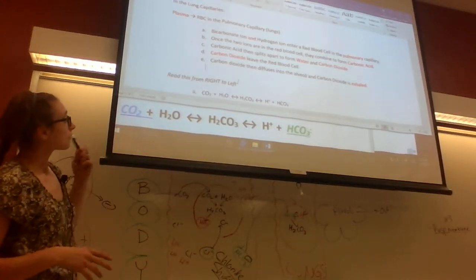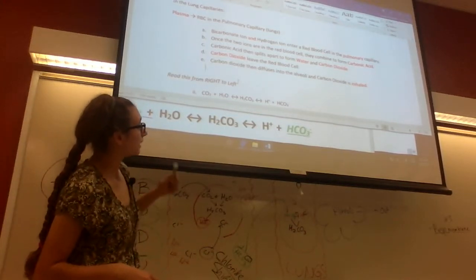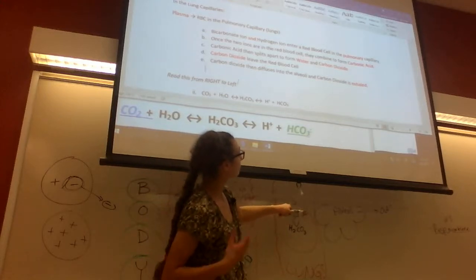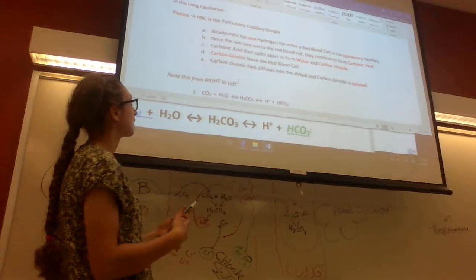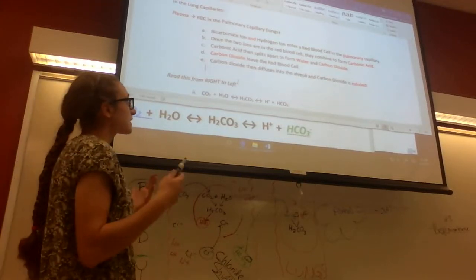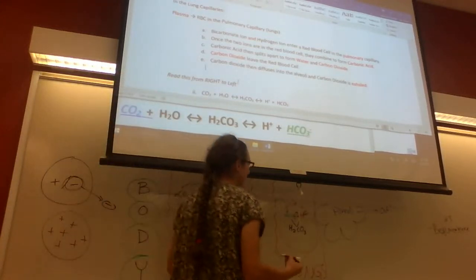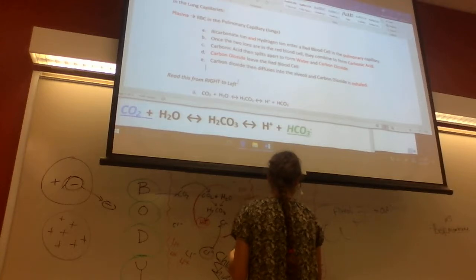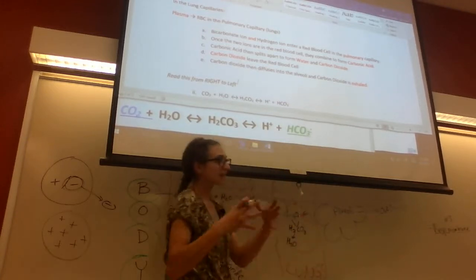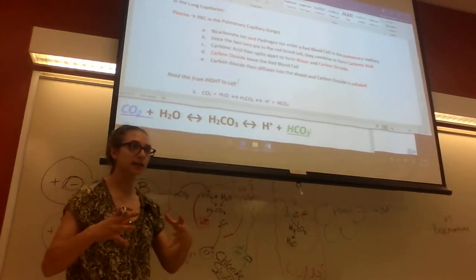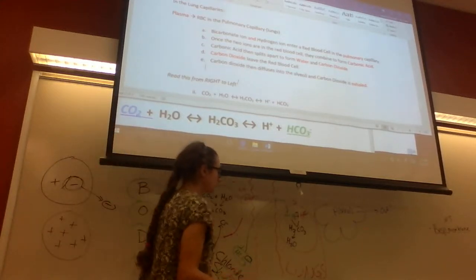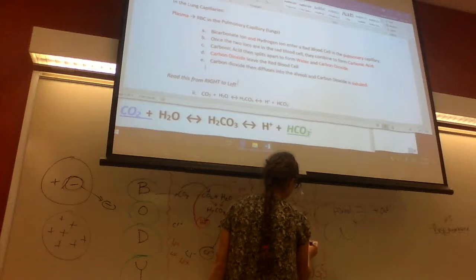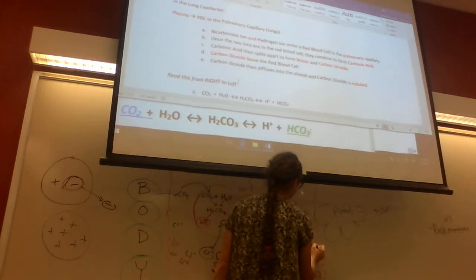Okay? So once the two ions are in the red blood cell, they combine to form carbonic acid. Carbonic acid then splits apart to form water and carbon dioxide. So water, H2O, is just going to stay inside the red blood cell just to maintain its shape and homeostasis. But carbonic acid is also going to split and form carbon dioxide.